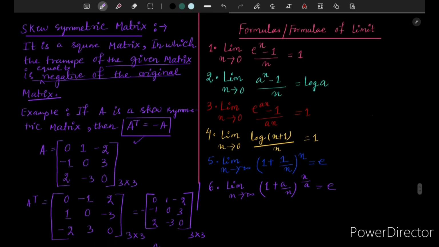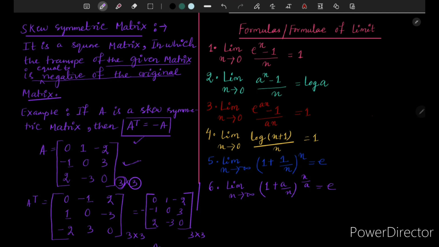I have taken here A equals 0 1 minus 2, minus 1 0 3, 2 minus 3 0. So this is a 3 by 3 square matrix, because the number of rows equals the number of columns.